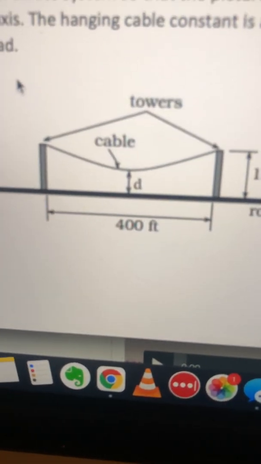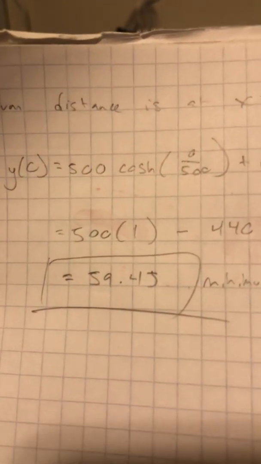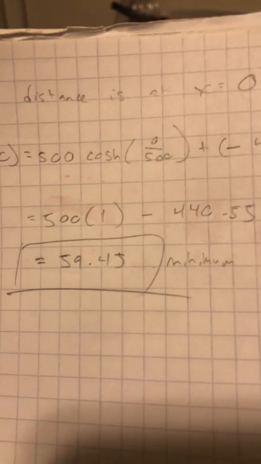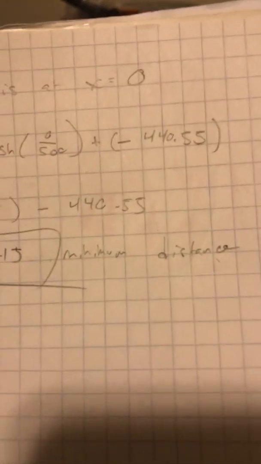And then what you need to find is the minimum distance, D, and D is going to be at where x equals 0. So we just plug in 0 for x, and we get 500 times cosh of 0 over 500, which is cosh of 0, plus c, which we just found is negative 440.55.